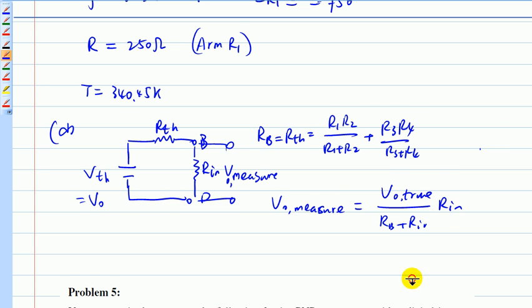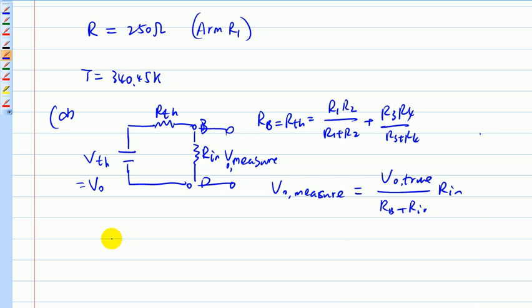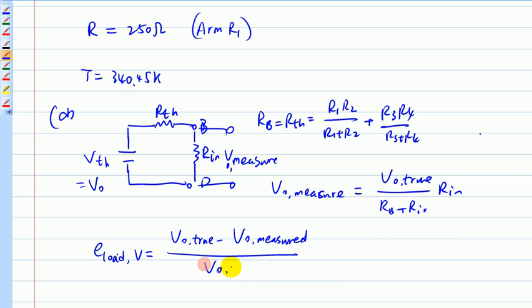In this case, your loading error is fairly straightforward now. According to the definition, it is the true value minus the measured, divided by the true value. So just calculate that.